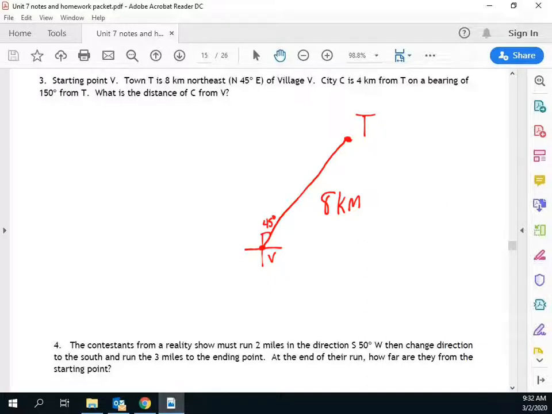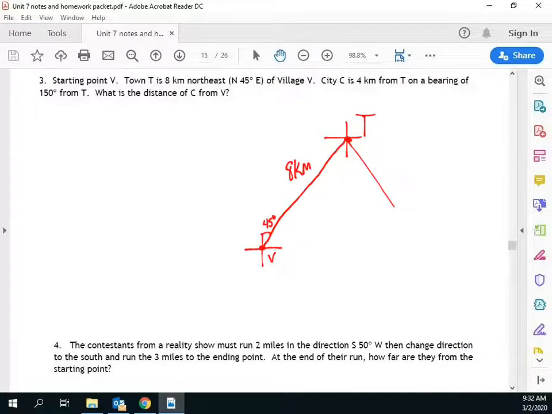City C is 4 kilometers from T on the bearing of 150 degrees. So we have erasers, right? What is this, C? 4 kilometers. As you notice, I shortened it up a little bit, guys, because we have 8 kilometers compared to 4.